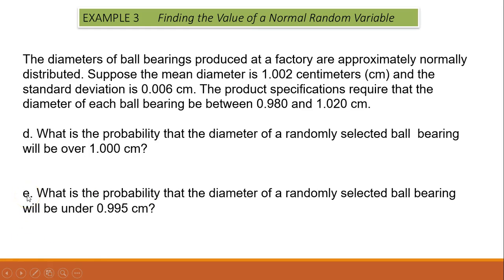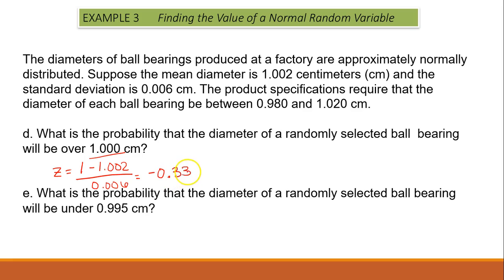Okay, continuing on, part D asks us this. What is the probability that the diameter of a randomly selected ball bearing will be over 1.000 centimeters? So again, we take this x value that we're given and convert to a z-score. By using the mean and our standard deviation, we get this value here, negative 0.33.